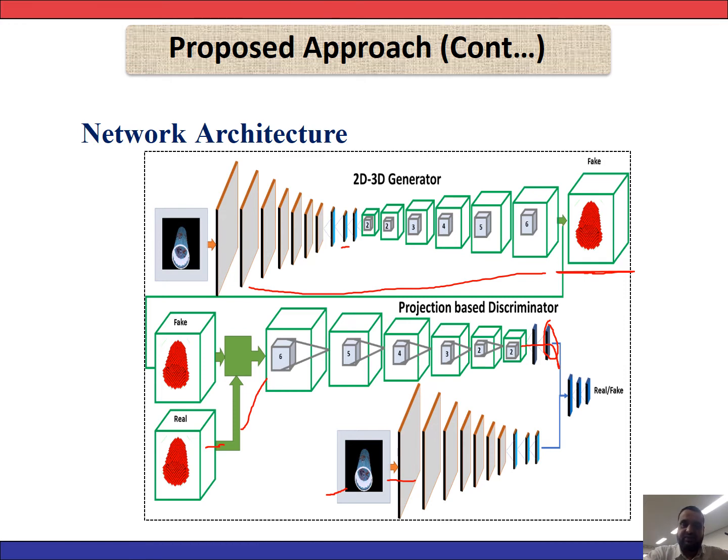Whereas in terms of the fake pair, this 2D is the original, real one, but the 3D is coming from the generator here. Now it goes to the discriminator, and the discriminator combines those two distributions and then classifies it into real or fake.